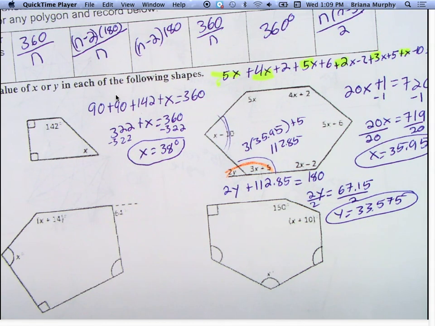So it would be x, or it would be x plus 14. Or is that 34? Correct.